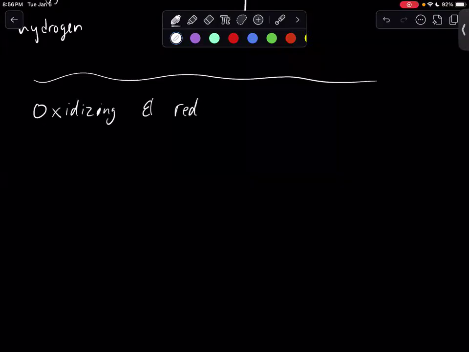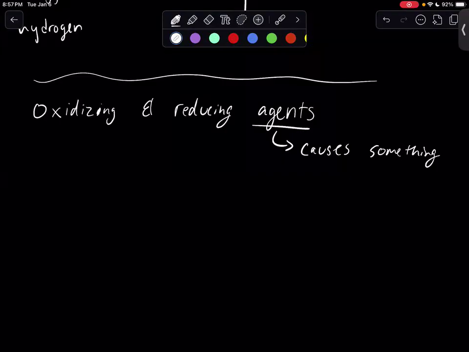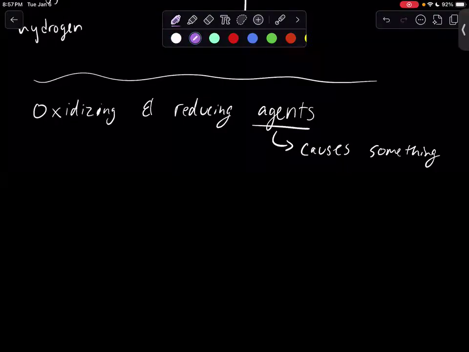Well, an agent is something that causes something. You may have heard someone referred to as an agent of chaos. They're spreading chaotic energy, or an agent of good, or an agent of evil. An agent is something that causes something. So an oxidizing or reducing agent is the thing that causes oxidation or causes reduction.